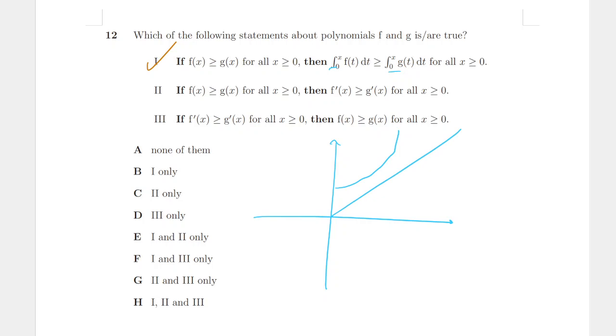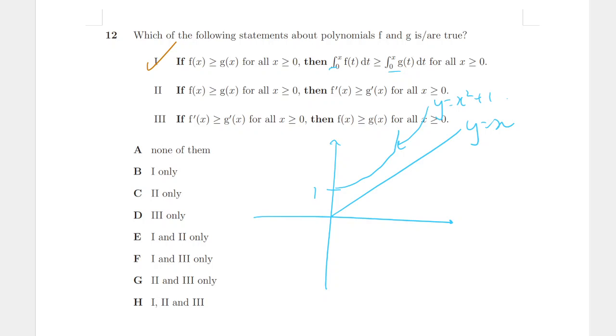Let's make up some random equations for these. So this is y equals x clearly. What does the quadratic look like? y equals, say, x squared plus 1 maybe. So it has a y-intercept of 1. Now f(x) is greater than or equal to g(x); the quadratic is greater than or equal to the linear function.